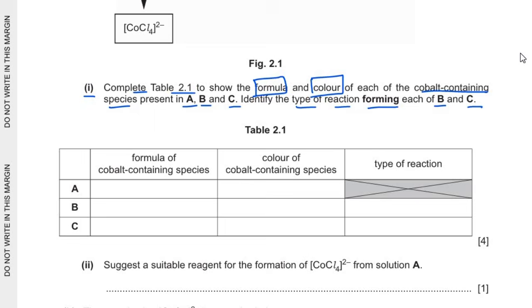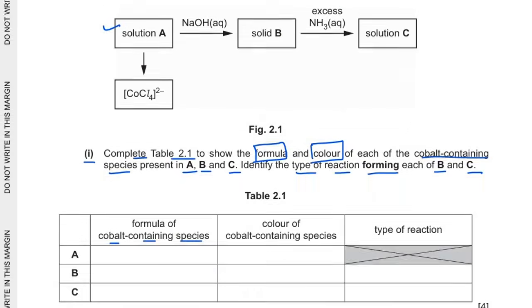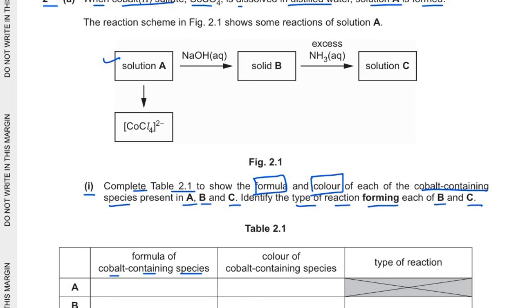Now let's understand the formula of the cobalt containing species, that is A, B and C. Now what is happening here? Solution A is present. Now how is solution A formed? We know that we have dissolved cobalt sulfate in water. When we dissolve that in water, we get a hydrated form of cobalt sulfate solution.